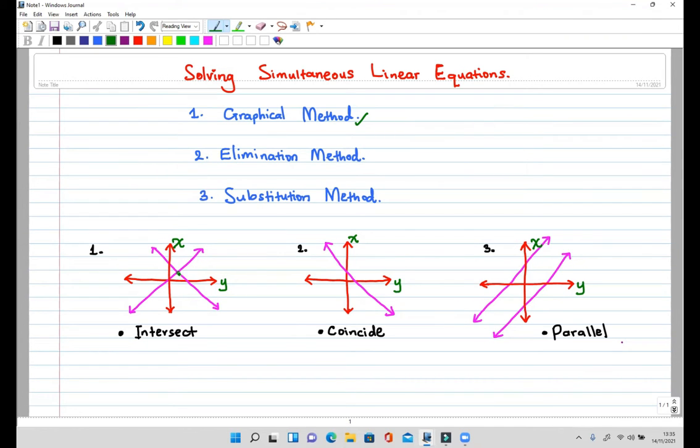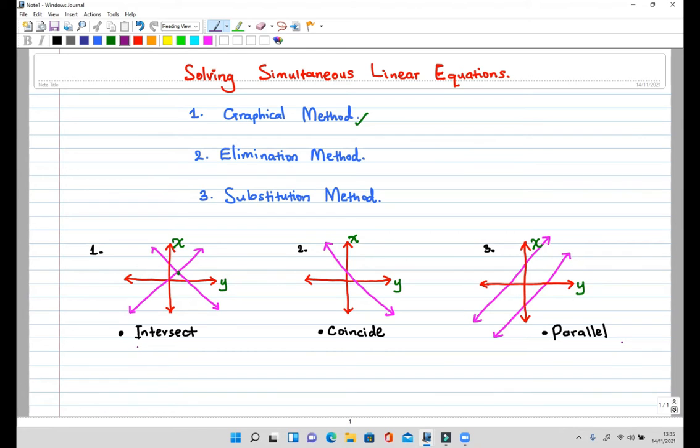If they intersect, the intersection point is the solution to the system of simultaneous linear equations. Okay? They may intersect, and when they intersect, the intersection point is the solution.